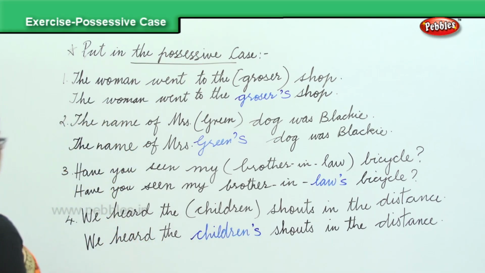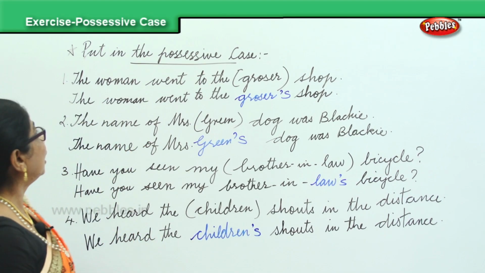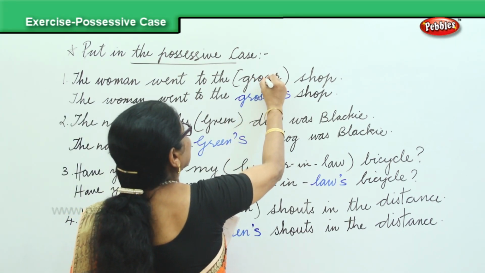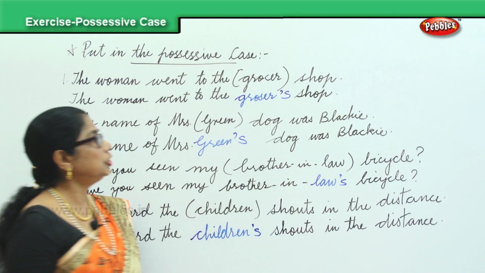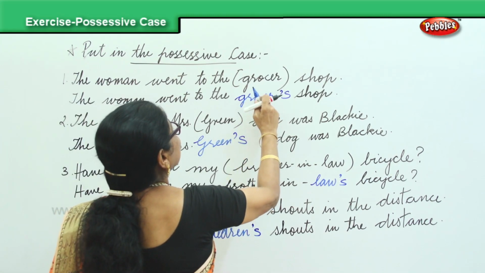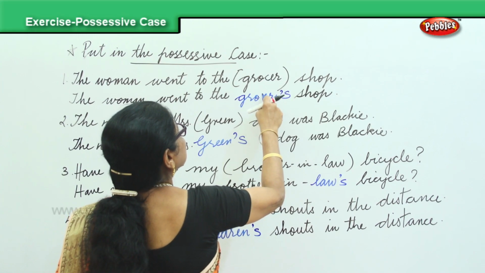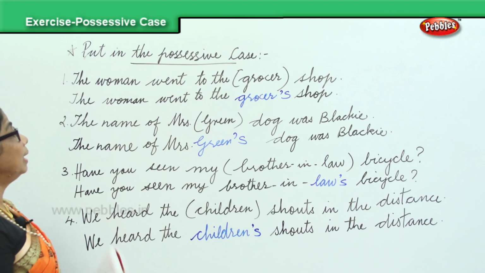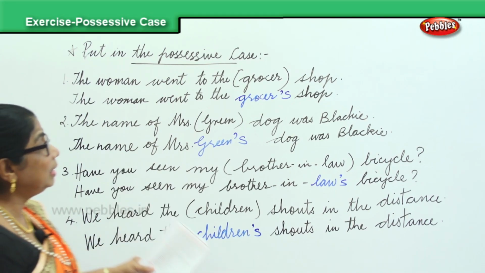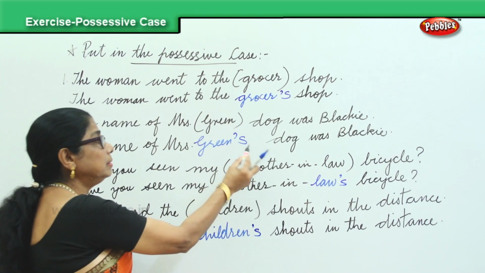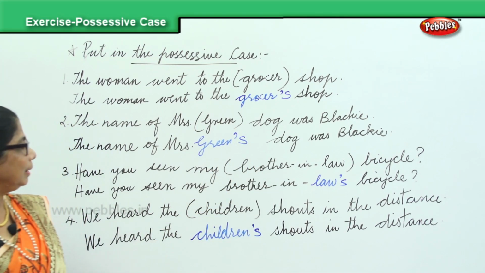Let's read the sentences together. The woman went to the grocer shop. Then you write it, grocer's shop. The name of Mrs. Green's dog was Blackie.